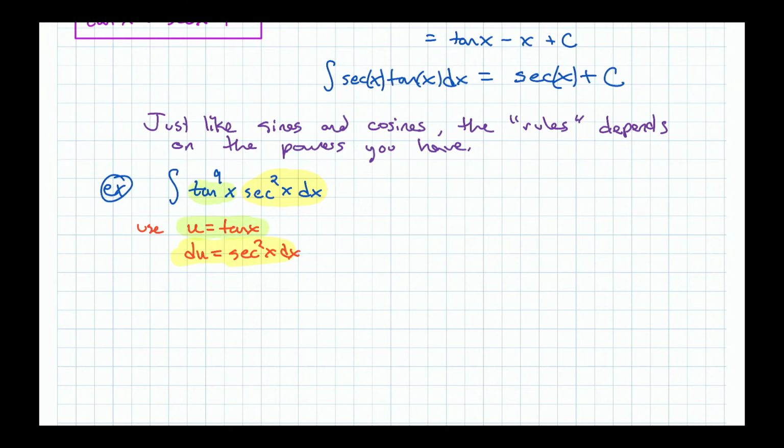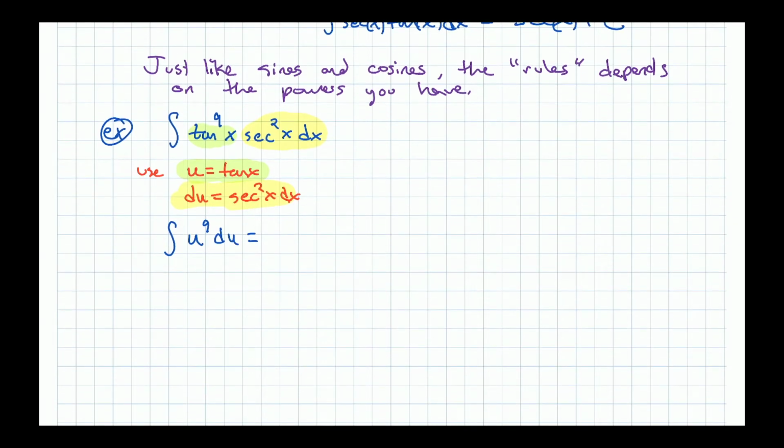So you substitute that in, and tangent to the 9th is u to the 9th, and secant squared x dx is just du. That's an easy antiderivative. You just use the power rule, so you go u to the 10 over 10 plus c, and then you substitute in your u, which is tangent. So you have tangent to the 10th x over 10 plus c, and you're done. So that's very straightforward to do.